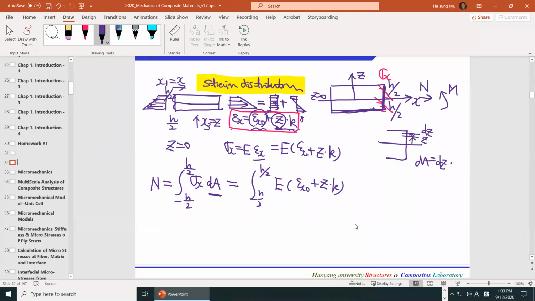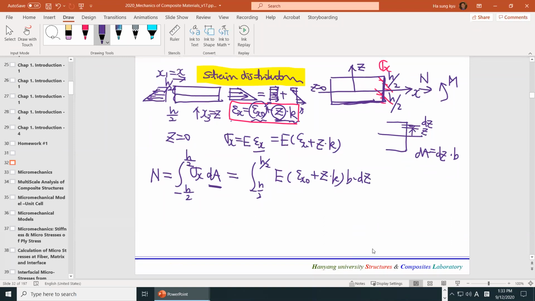So dA cross section will be dz times B. So instead of dA, we can say B times dz. Now we just integrate this equation, but very importantly, E, which is the Young's modulus, is not a constant.